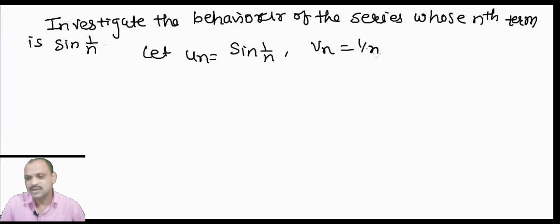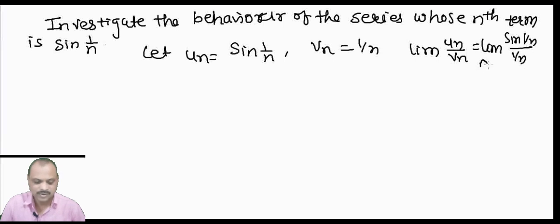So if we take the limit of un divided by Vn, this is equal to the limit of sine 1 by n divided by 1 by n, as n tends to infinity, and this is equal to 1. Therefore, for this series, L is equal to 1 and it is finite. So these series behave alike: if one series is convergent, the other is convergent, as the limit L is finite.